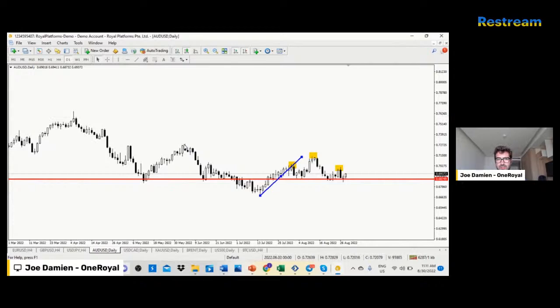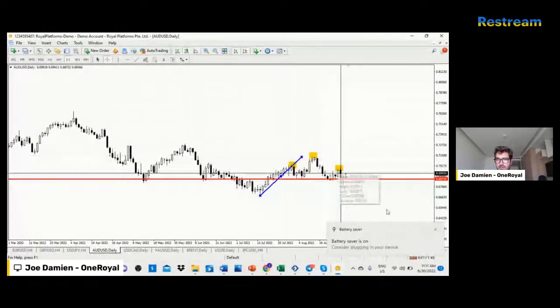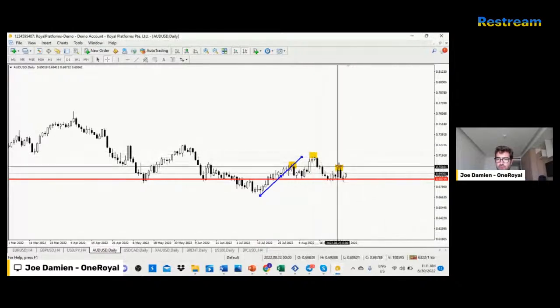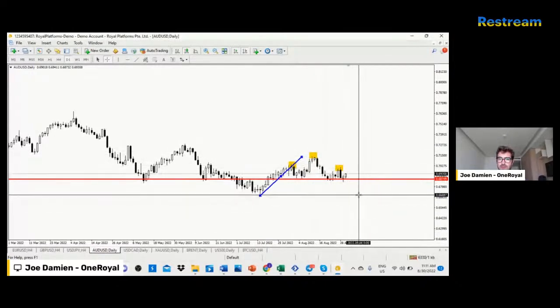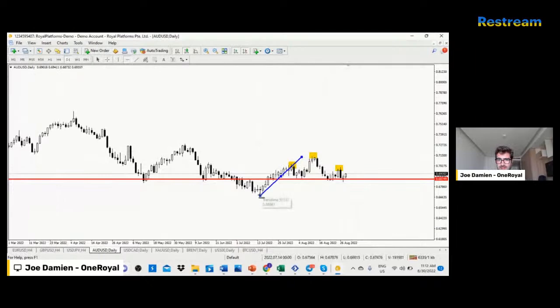Impulse, correction, impulse, another impulse, correction. We have a head and shoulders pattern. This is the shoulder, this is the head. We expect a move all the way down until this area here.